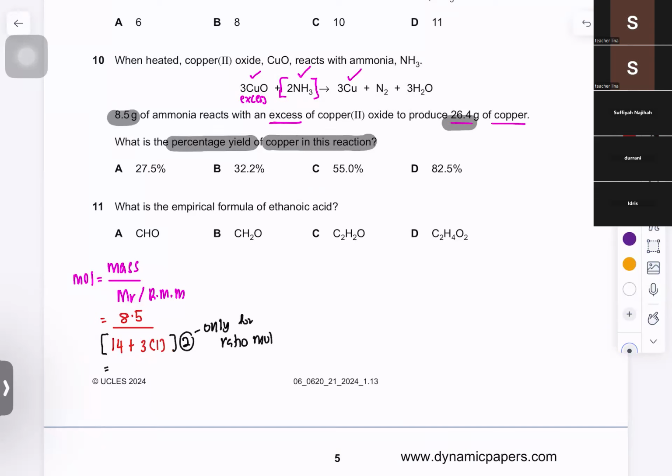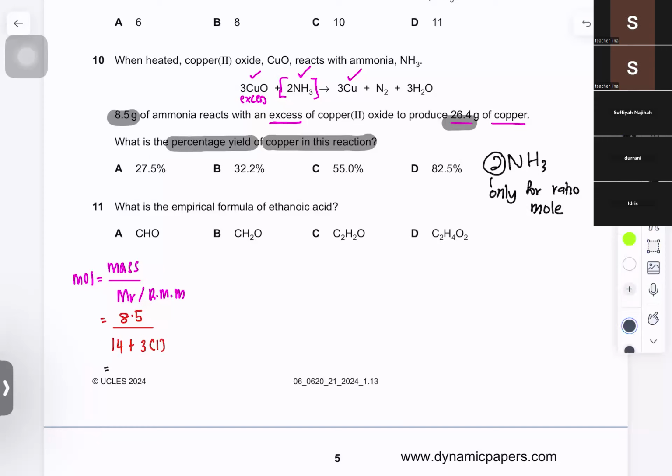The number 2 in front of NH3 is only for ratio mole. Don't times that one. Remember that.